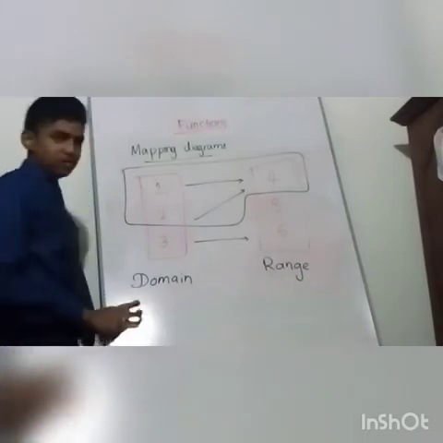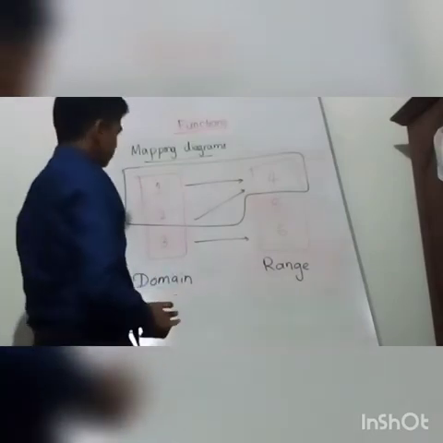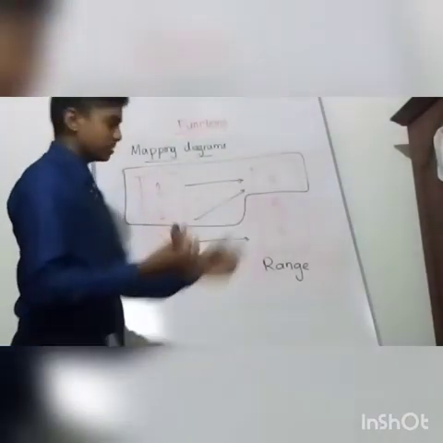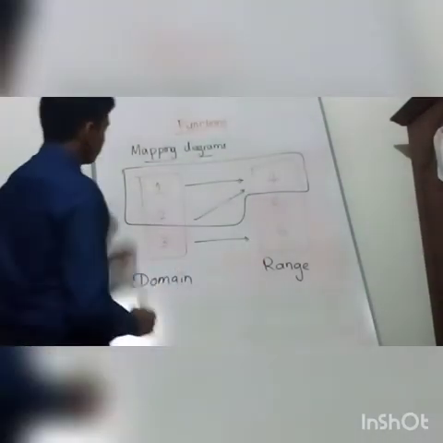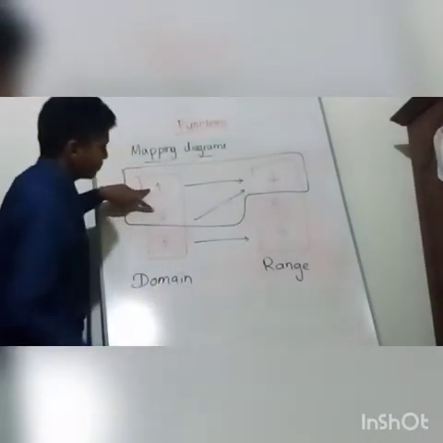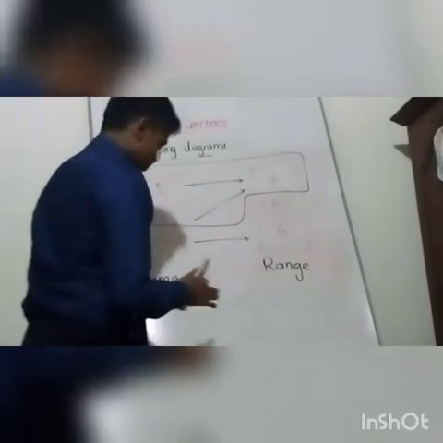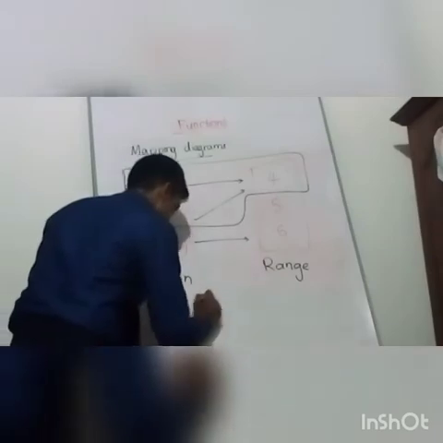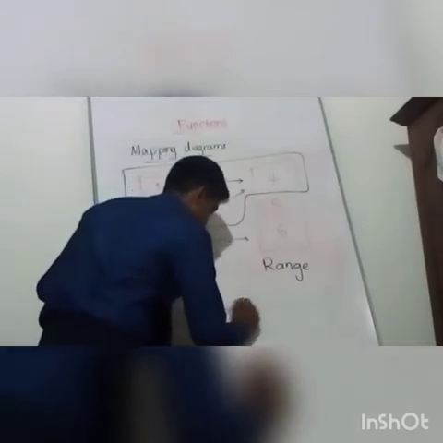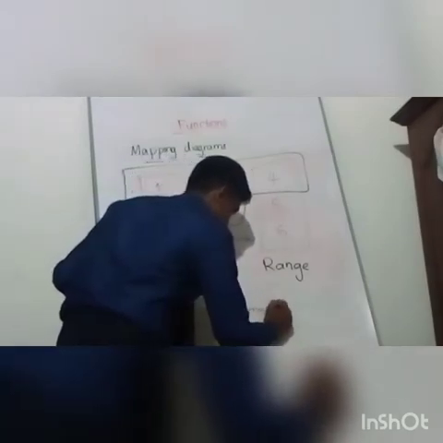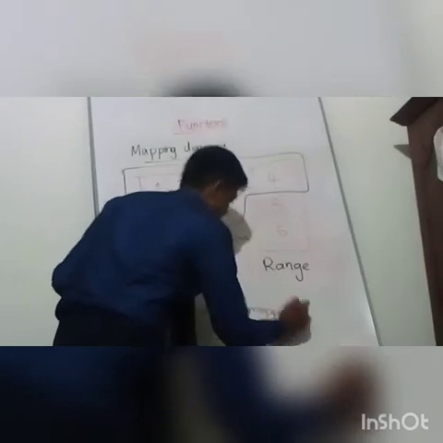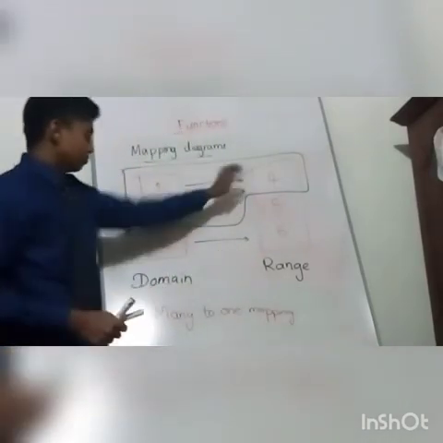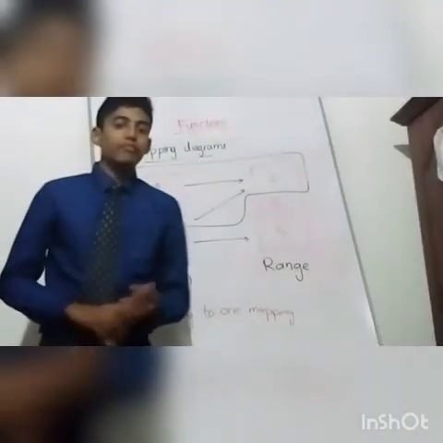In this type of mapping diagram, 2 or more is given the name many. So many has gone to 1. This type is called many-to-one mapping. Many has gone to 1. This is the second type of mapping diagram.